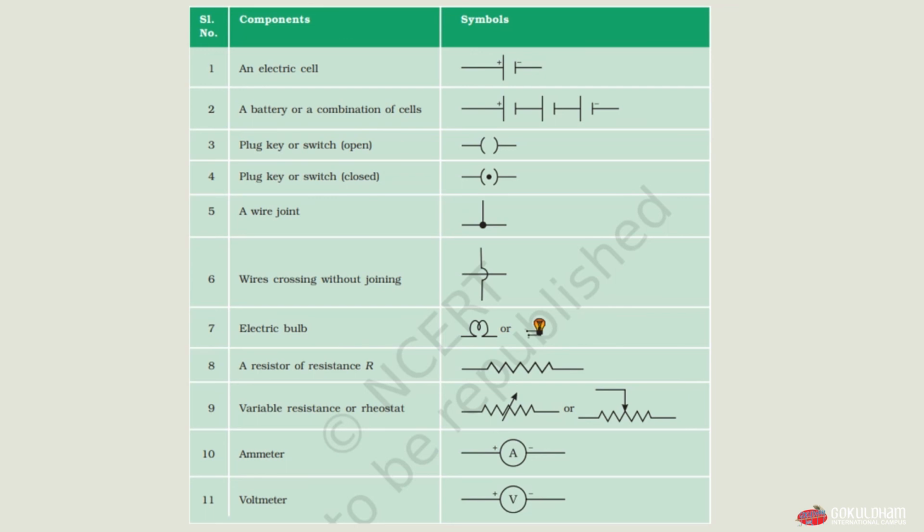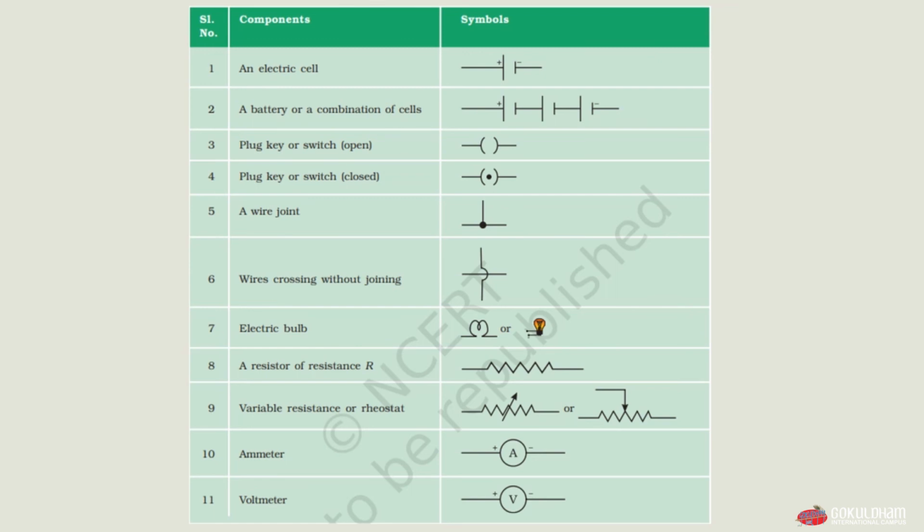Fifth one is a wire joint. When we join wires, this is the symbol used. Sixth is a wire crossing without joining. The symbol shown here is for when two wires cross each other but without joining.